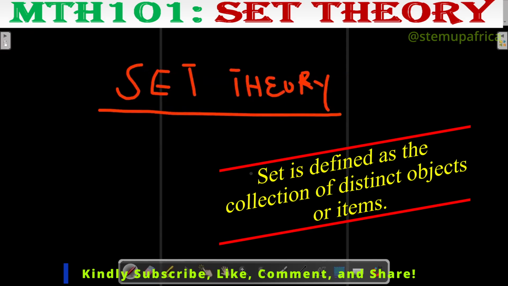Set is defined as the collection of distinct objects or items. Distinct objects or items.